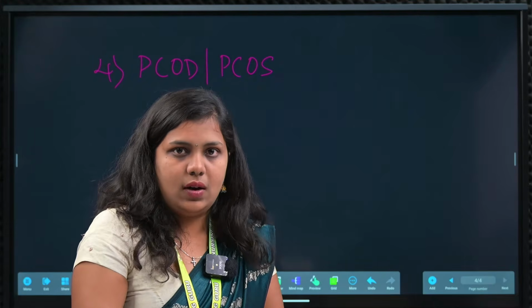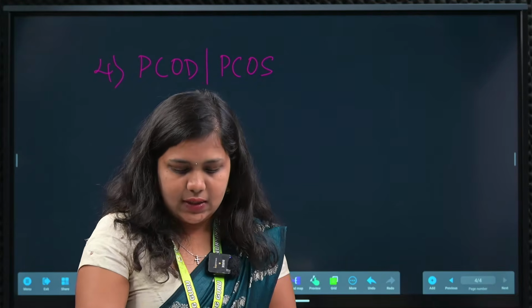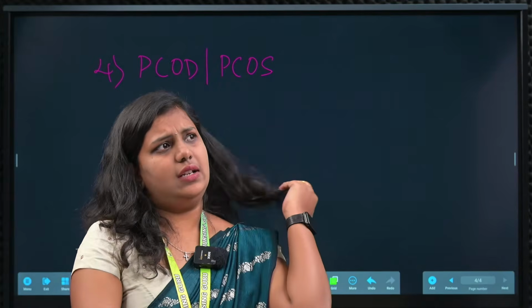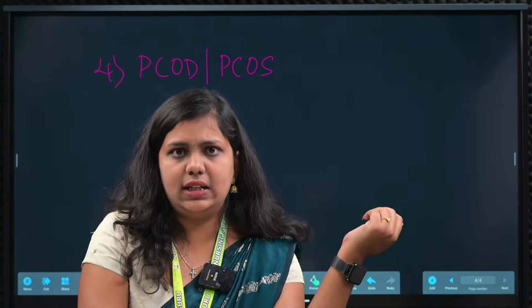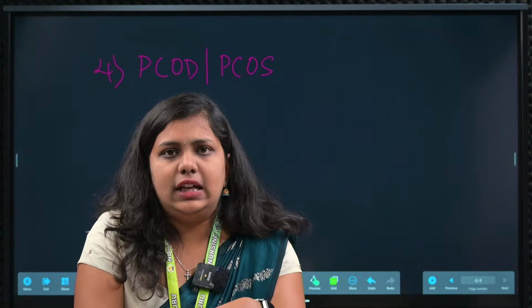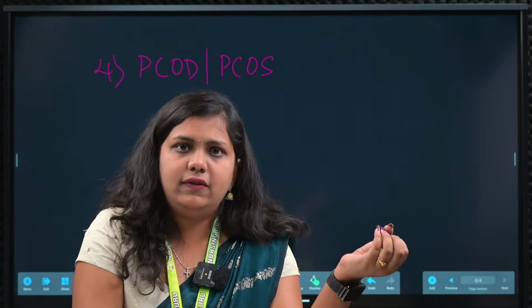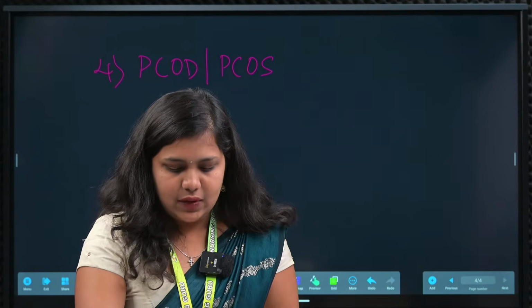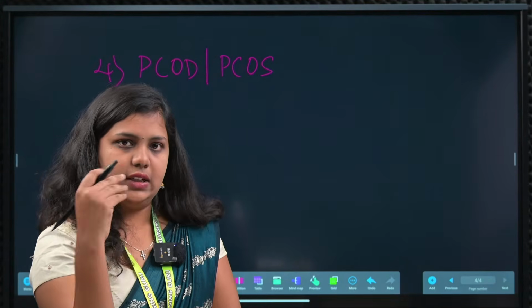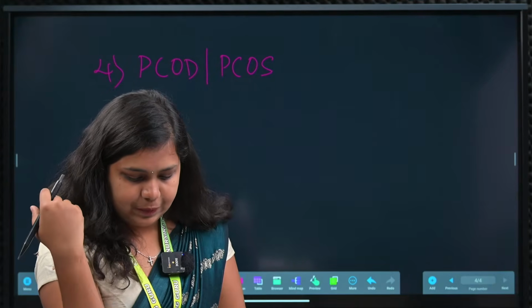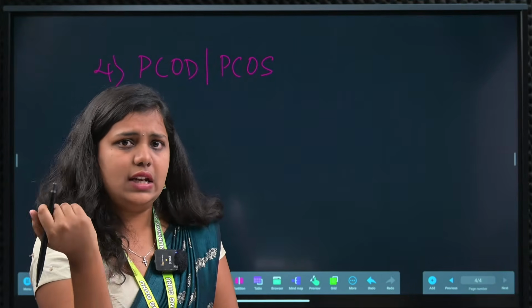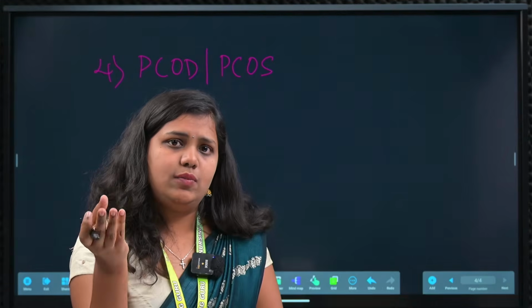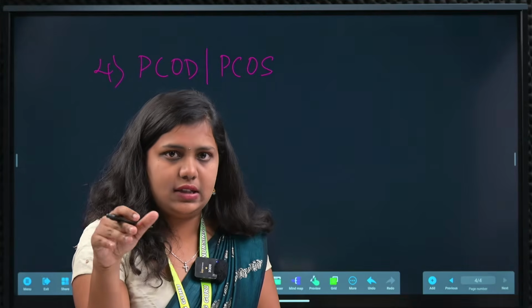It has become quite common nowadays because of endocrinal hormone imbalance in our body. There will be production of cysts in the ovaries, characterized by ovulatory dysfunction and polycystic ovaries, meaning multiple small cysts present in the ovary.